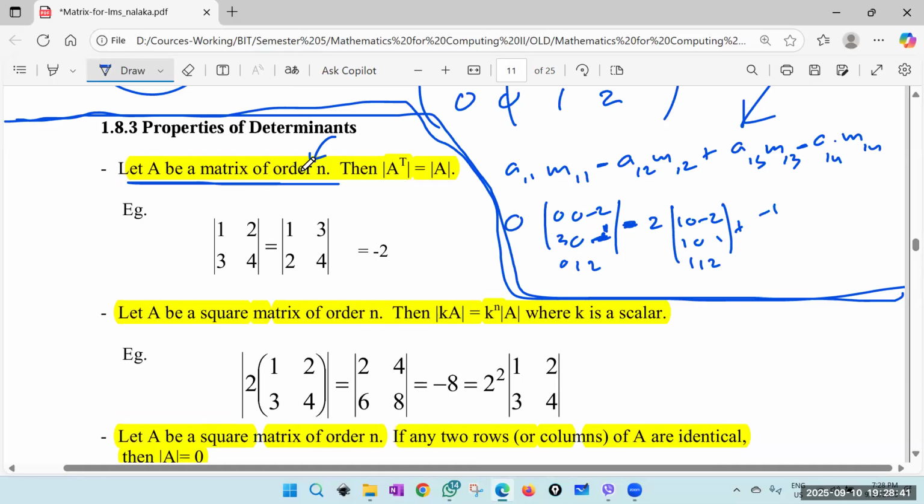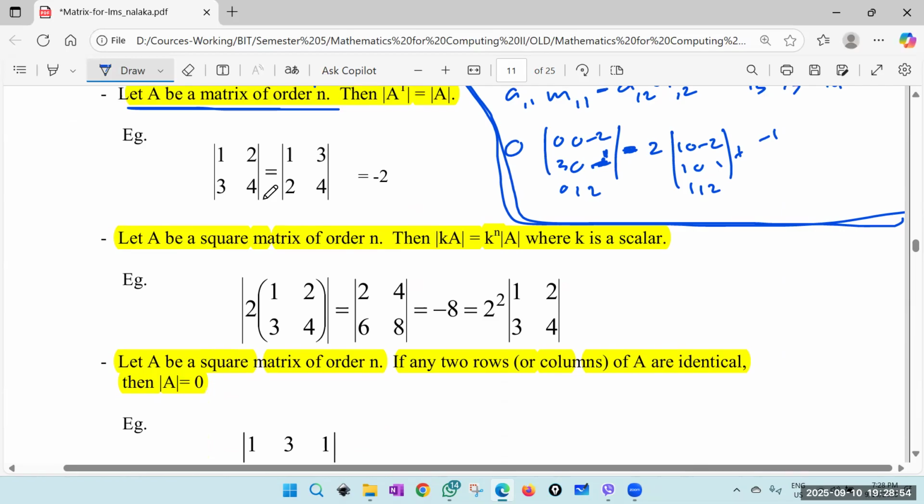So if you have a square matrix, the determinant of its transpose matrix is the same as the determinant of the original matrix. Say this is a square matrix, and if you calculate the determinant, it's the same as the determinant of its transpose matrix. Transpose means your first row becomes the first column, second row becomes the second column.